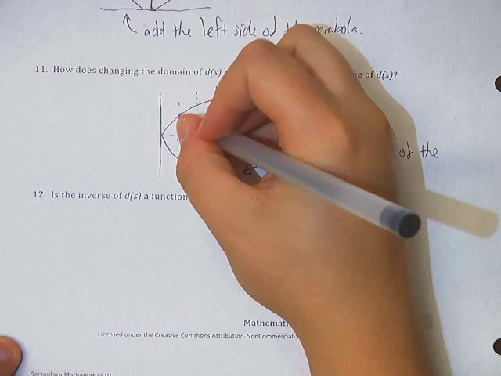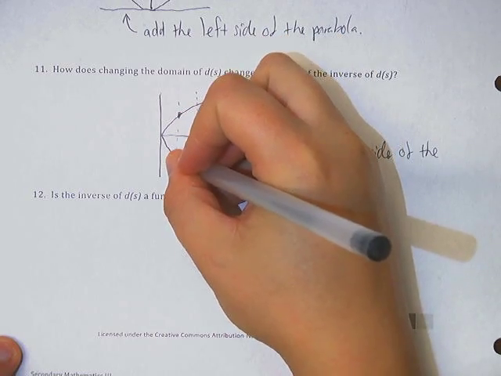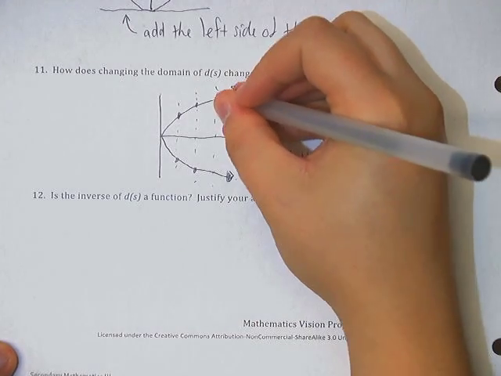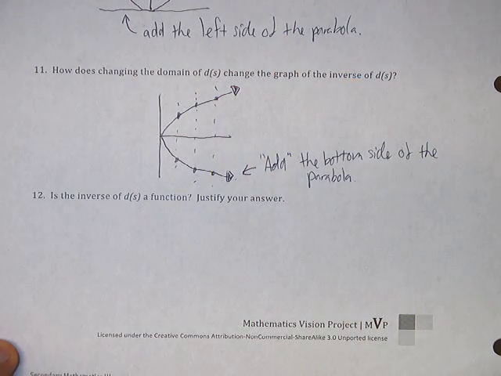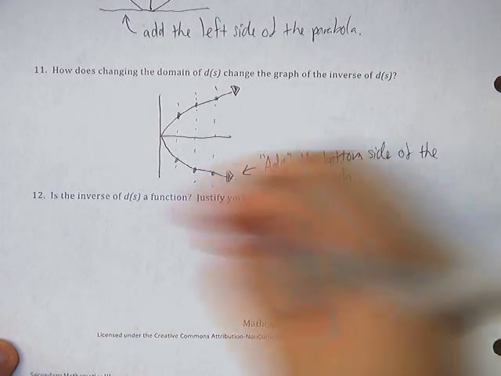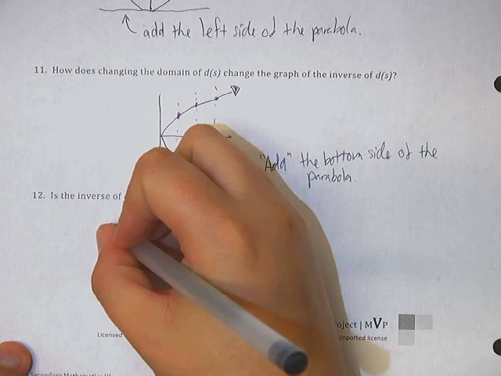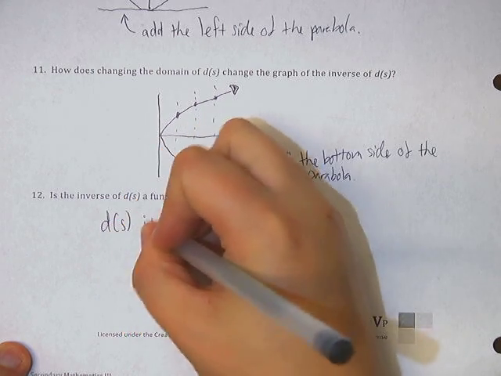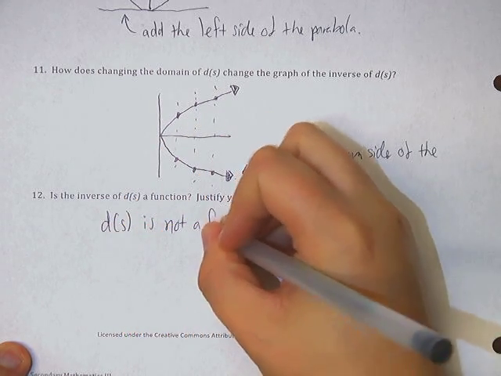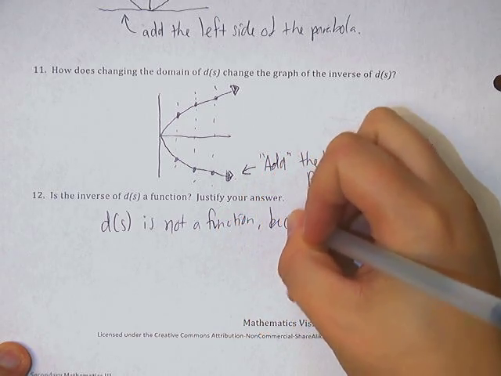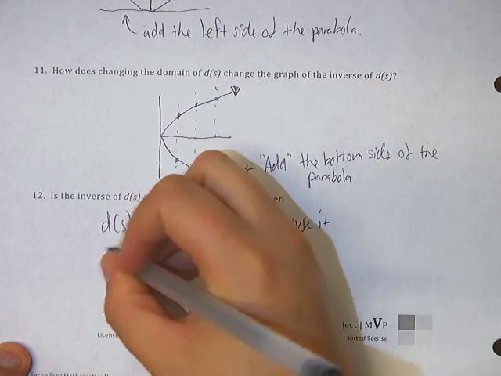Is the inverse a function? Well, we have an approximate graph of what this should look like. Whenever you're given the graph of something and you want to know if it is actually a function, you can do what is called the vertical line test. The vertical line test basically means that we can draw a vertical line anywhere we want on the graph. And if our vertical line crosses our function more than once, then it's actually not a function.